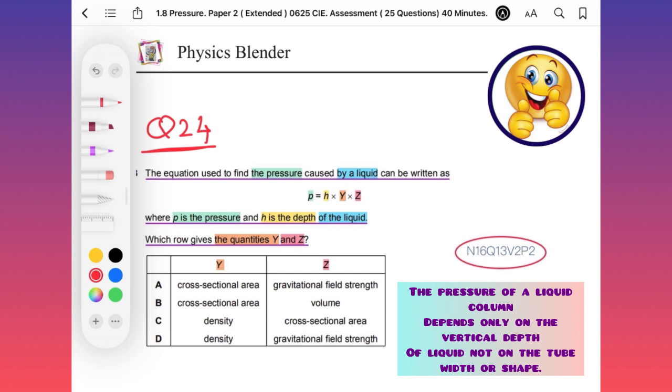It never depends on the shape of container or width of the tube or cross-sectional area of the container. So you have to exclude cross-sectional area. It depends only on, back to the equation, pressure is equal to rho GH. So the correct answer is D, density and gravitational field strength.